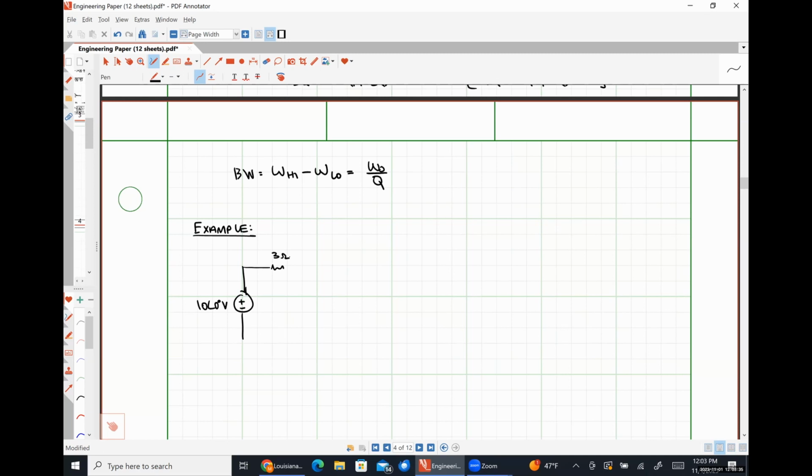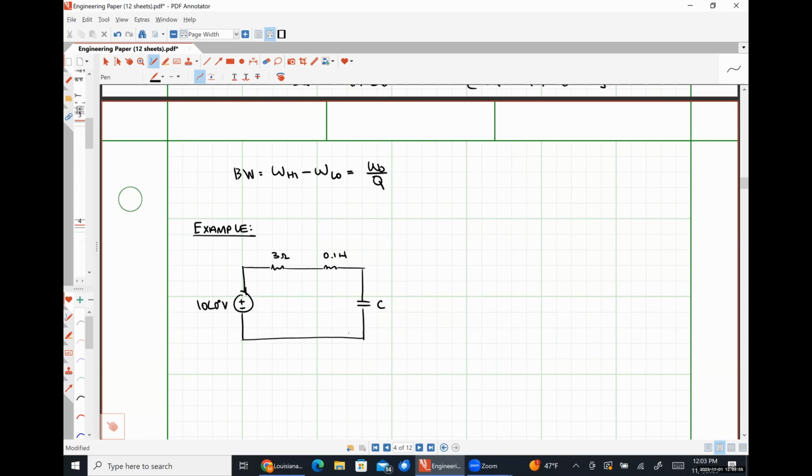We have a 3 ohm resistor. We have a 0.1 Henry inductance. And then we have some capacitance C.